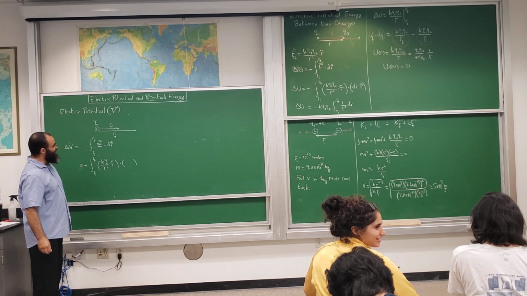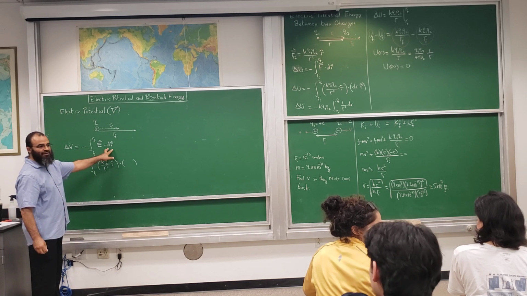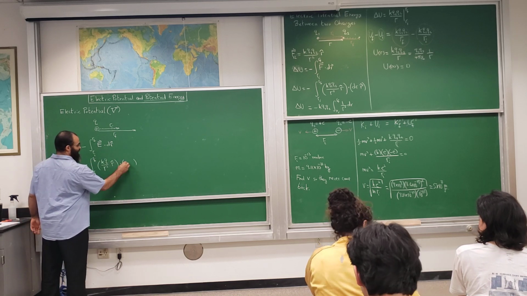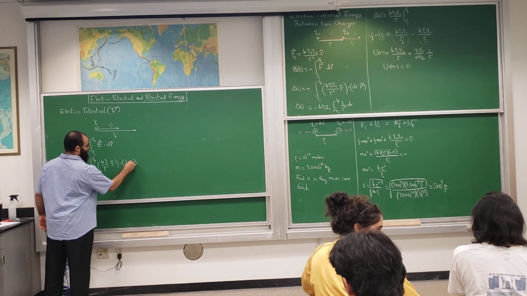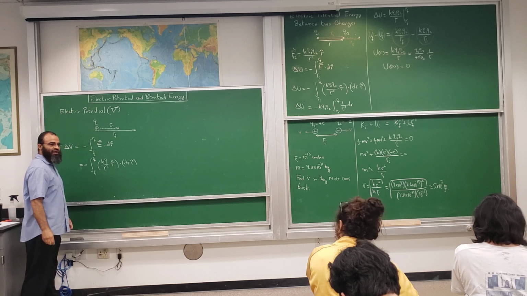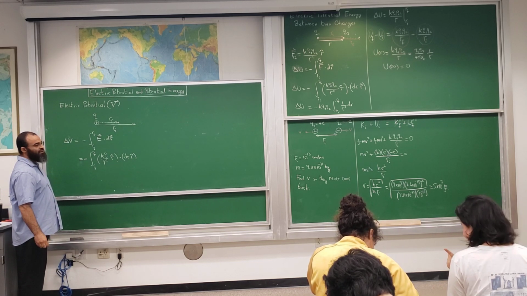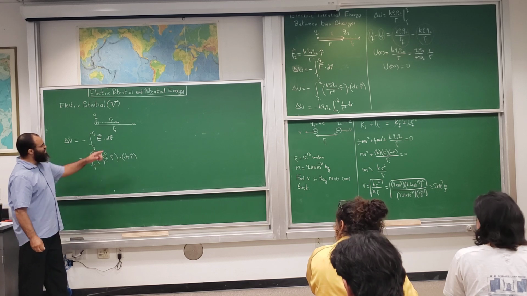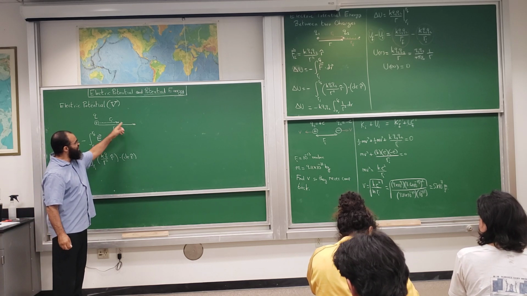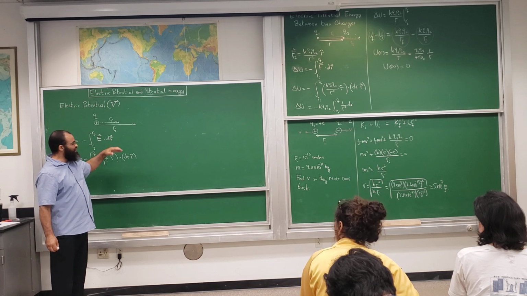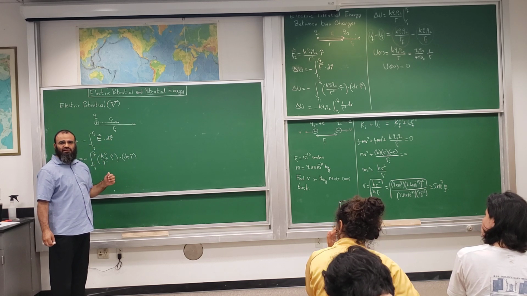And then dr, what's this vector? It's dr times r hat, a small displacement in the r hat direction. By the way, if you don't displace in the r hat direction, if you just displace around the circle, like around the sphere, what's the dot product in that case?